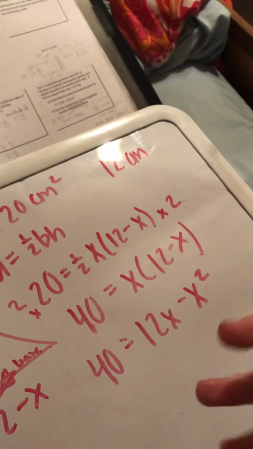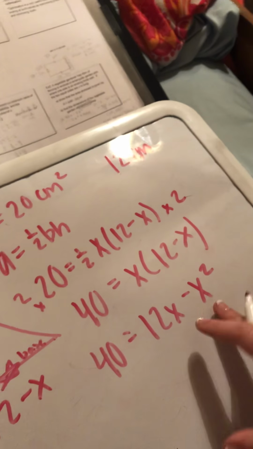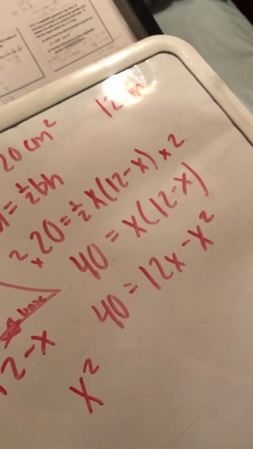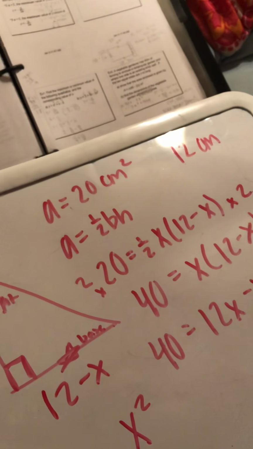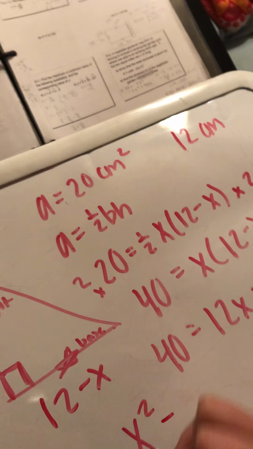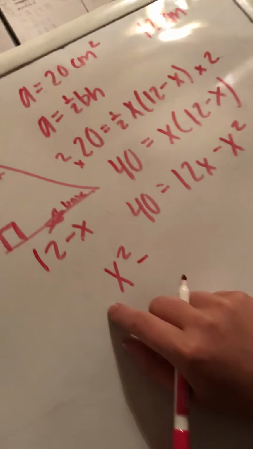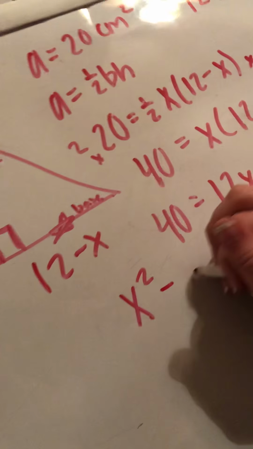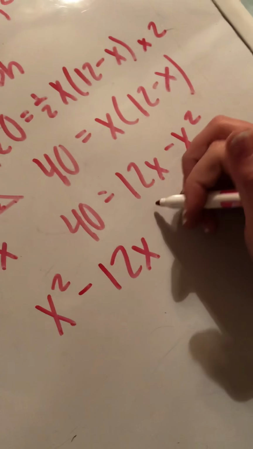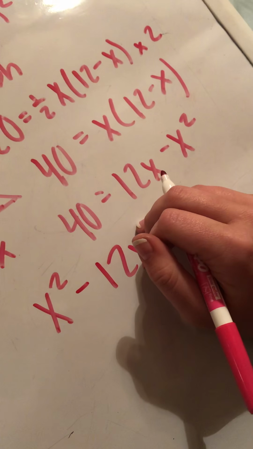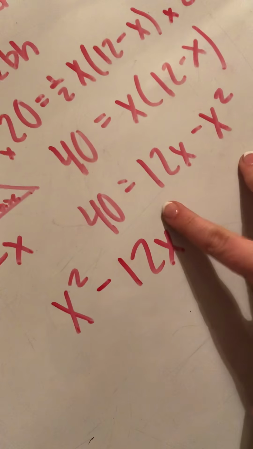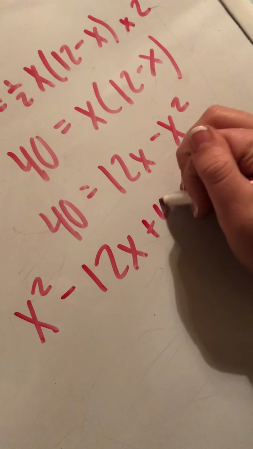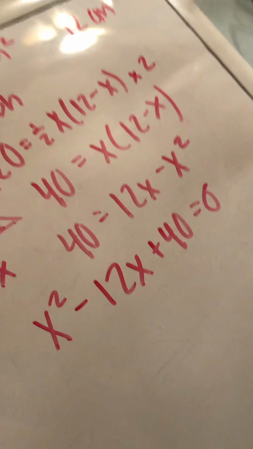Again, you have another quadratic equation to make. You want to keep your a positive. So you'll add x squared and subtract 12x in order to keep that positive, giving x squared minus 12x plus 40 equals 0.